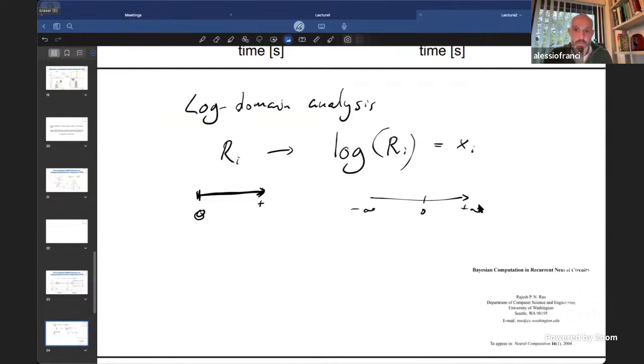Taking the log is something that appears very natural when you try to understand what the brain is doing from a probabilistic Bayesian inference perspective. That is to say, there might be really something to do on this topic.